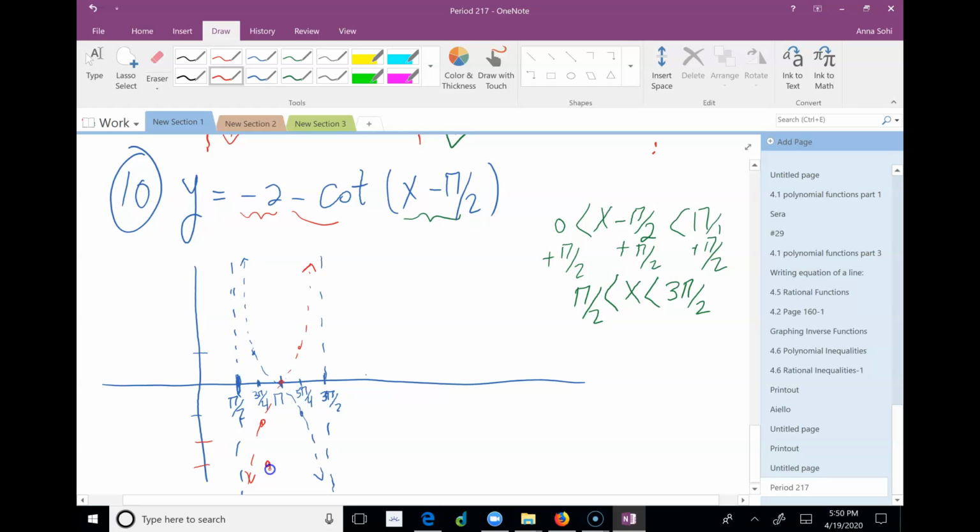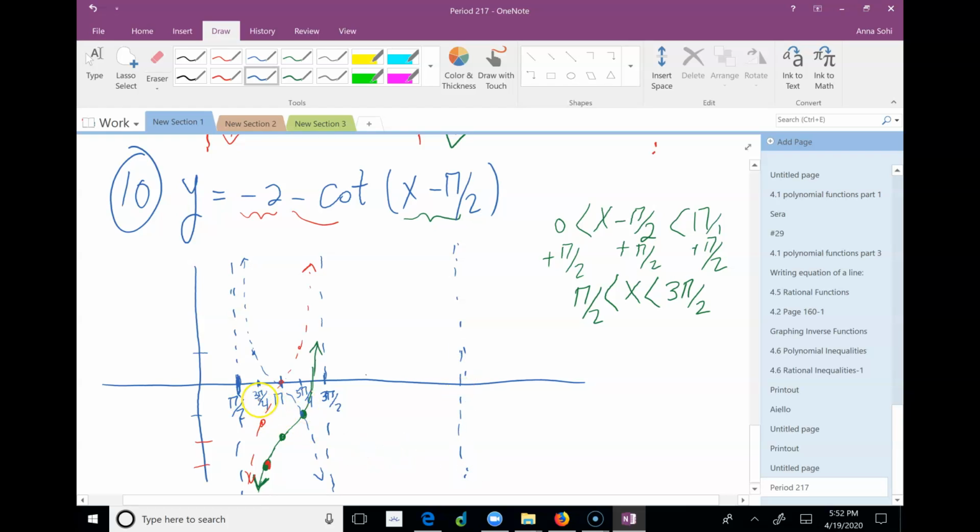I'm going to use green here. 2 down from the 0 is right here. 2 down from 1 is negative 1. So once you're graphing this one, the asymptotes are the same, but here is the graph. Okay. Since you are graphing 2 periods, you're going to graph something identical here.